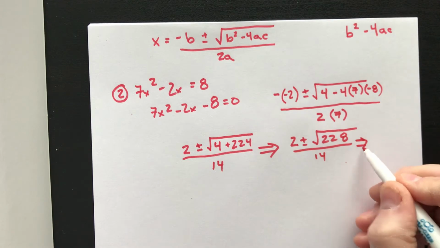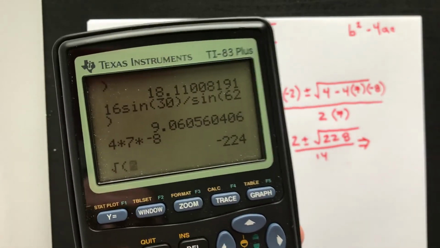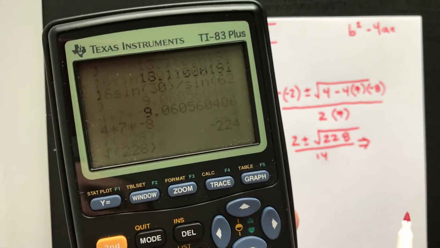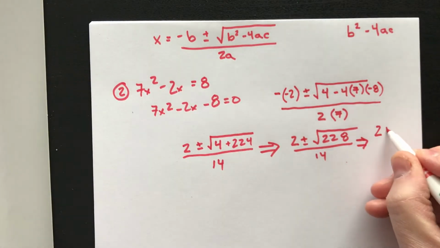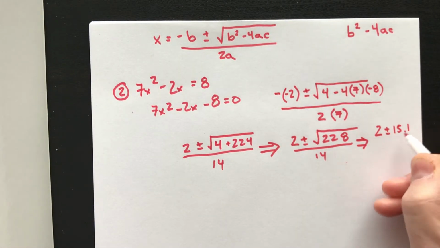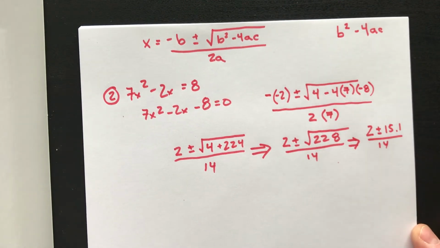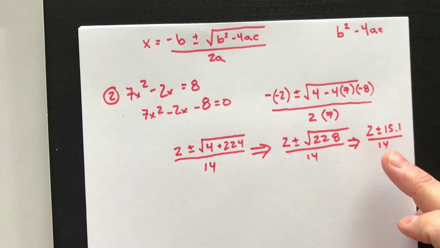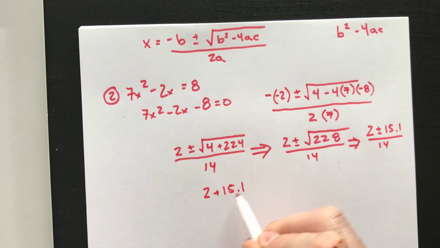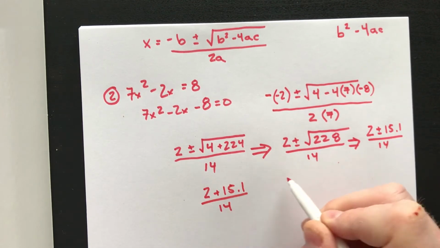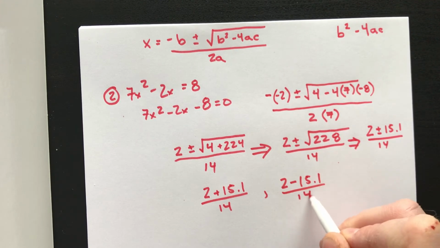So now we just need to figure out what the square root of 228 is. So square root of 228 equals 15.1. So we have 2 plus or minus 15.1 divided by 14. That plus or minus is where you get your two answers from. So I'm going to do 2 plus 15.1 all over 14. And I'm also going to do 2 minus 15.1 all over 14.